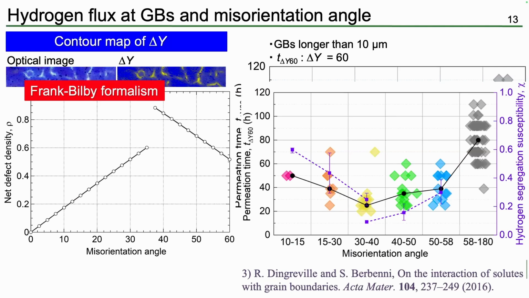And the hydrogen segregation susceptibility, which is shown by these purple broken lines, was calculated based on this formalism. And it correlates well with our results. So we suggest that the geometrically large space at the grain boundary is a critical factor for hydrogen flux at the grain boundaries.